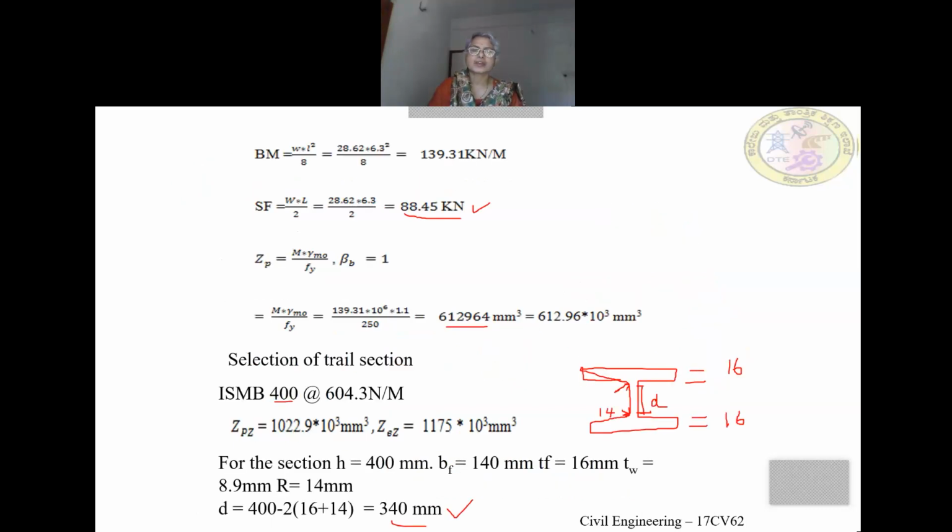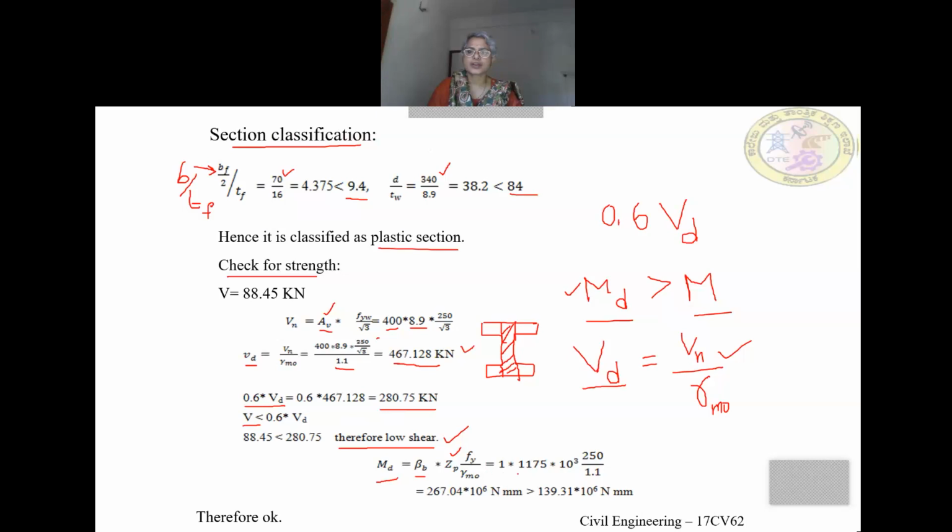So Zp is Zpz 1022.9. 1022.9 is what you have to substitute here, into 10 to the power of 3, 250 divided by 1.1.